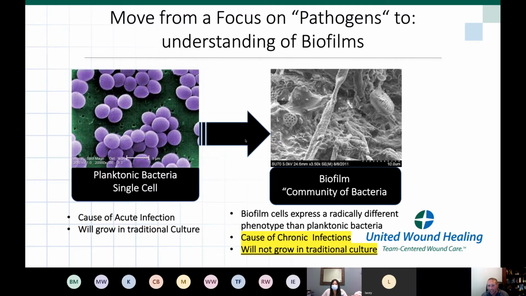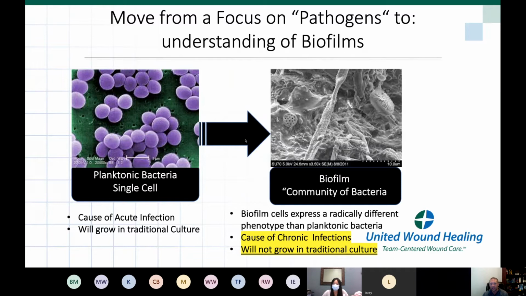You look like the one that's got like the honeycomb cereal. You've got hyphae, which are little tiny balls and little sticks. Those are fungus. You have strep, you have staph, you have all kinds of bacteria all living together in this soup that we call a biofilm. So a community of bacteria is actually what we're trying to deal with.